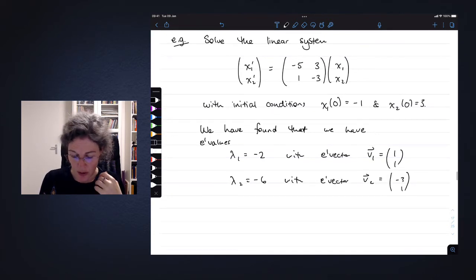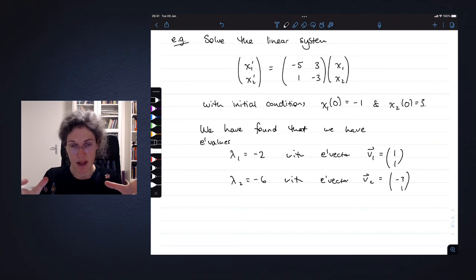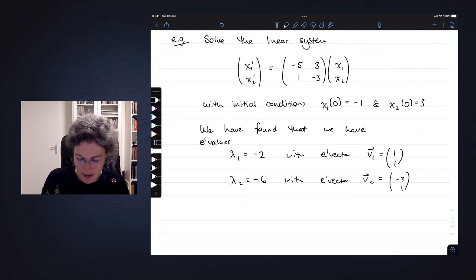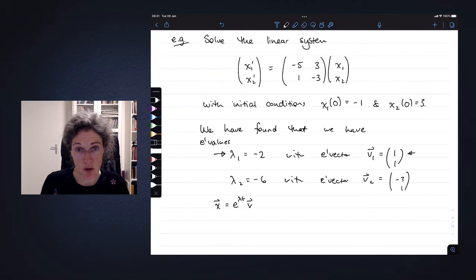This helps us because the whole reason we found our eigenvalues and our eigenvectors was because we said we wanted to find a solution of the form x is equal to e to the lambda t v. And in fact what we found is that if we take this pair, so minus 2 is our eigenvalue and this eigenvector, that will be a solution.